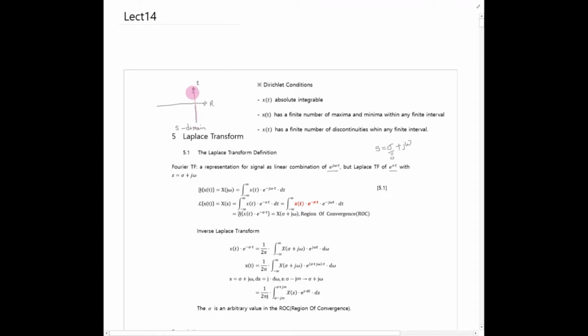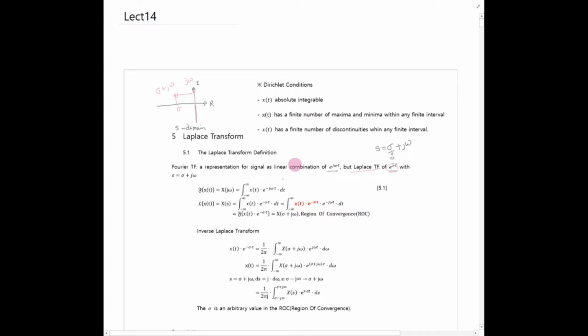This axis is the imaginary part, j omega. But if we take a certain point, then this will give a sigma and j omega. Like that. So by taking the basis of this one, we can make a Laplace transform.